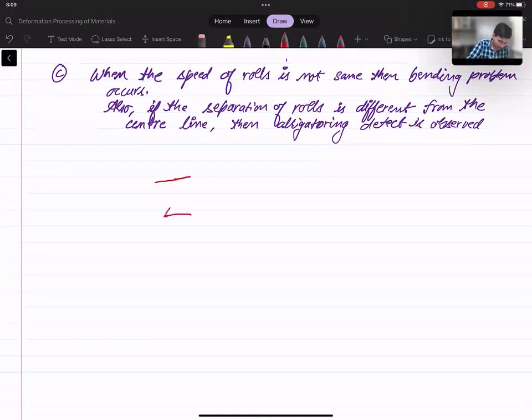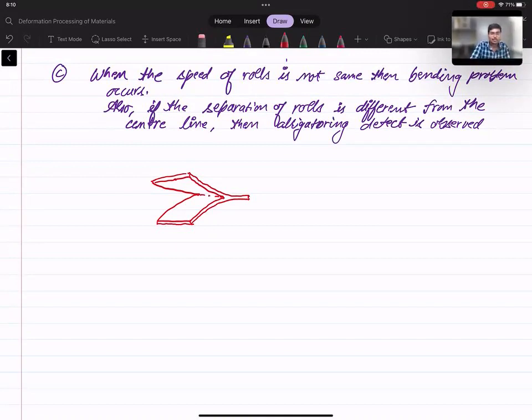So this will appear like this. Okay. So here the material has opened out.